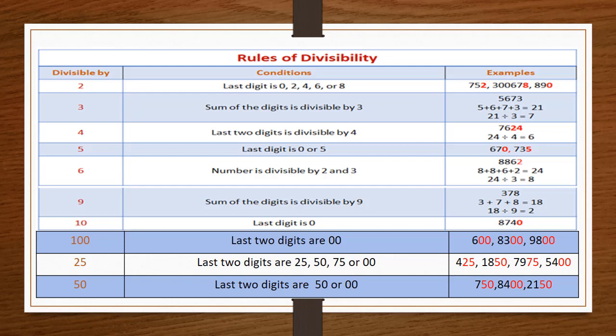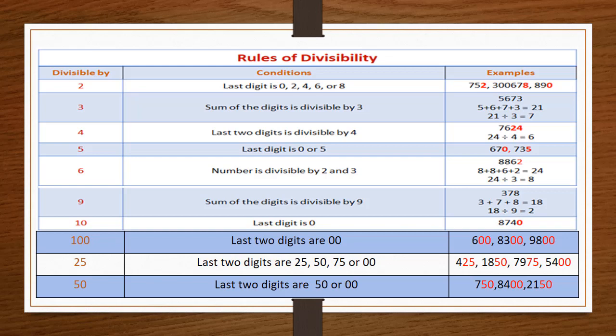For 6, the number is divisible by both 2 and 3. Divisibility rule for 9: the sum of the digits is divisible by 9. Rule for 10: the last digit is 0. 100: the last two digits are 0, 0. 25: the last two digits are 25, 50, 75 or 00. For 50, the last two digits are either 50 or 00.